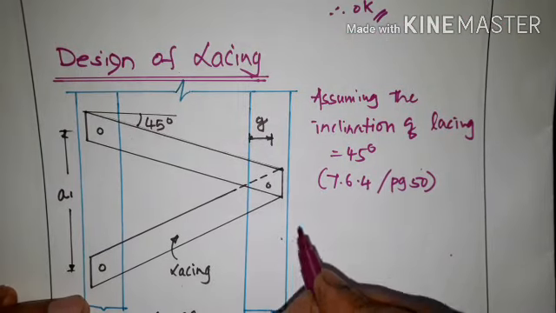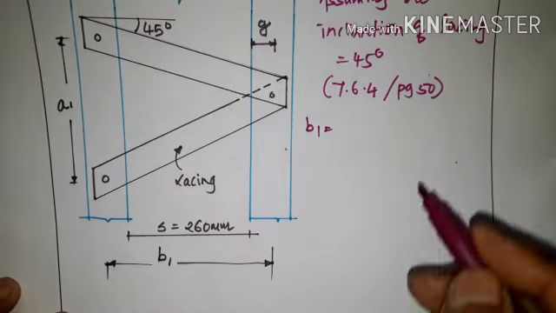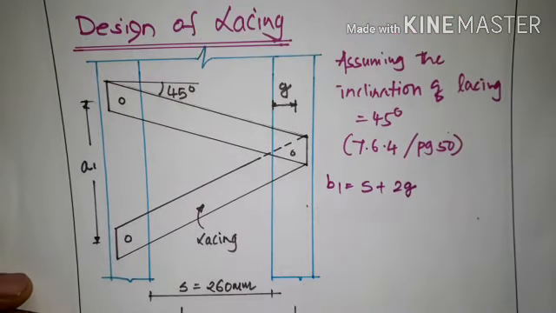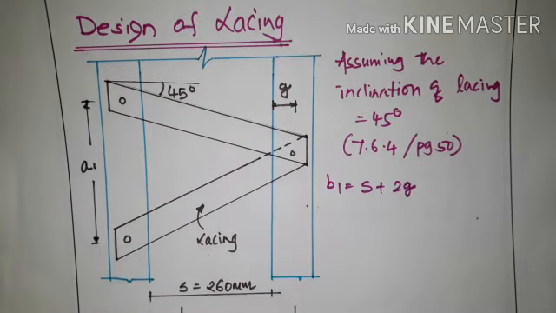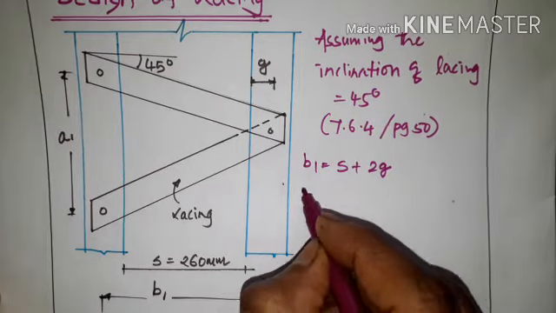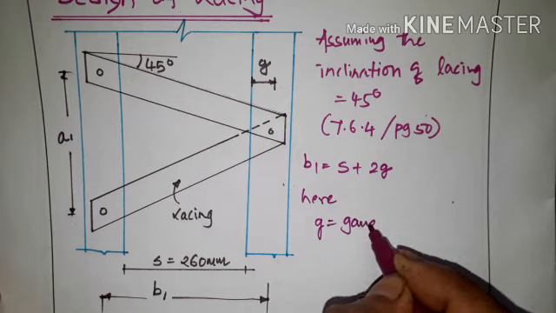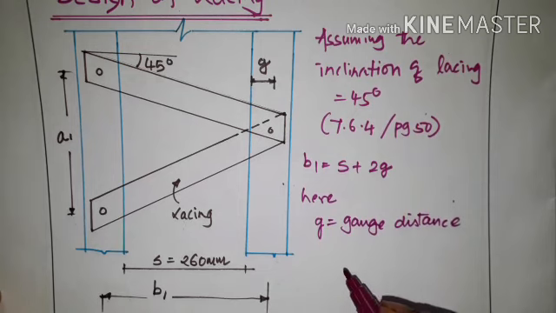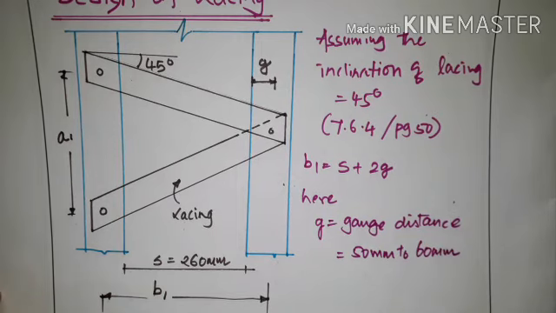So what is B1 here? B1 is equal to S plus 2 times G. Here G is equal to gauge distance, which we can assume as 50 mm to 60 mm.